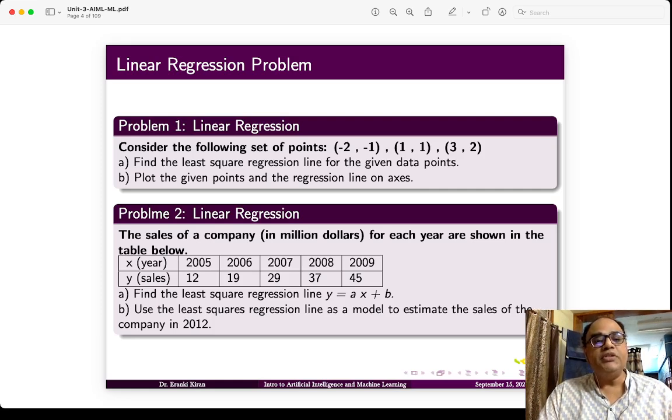For a year which is not provided in the table, you are asked to find what the sales of that year are going to be. So it is a future prediction based on the available data.